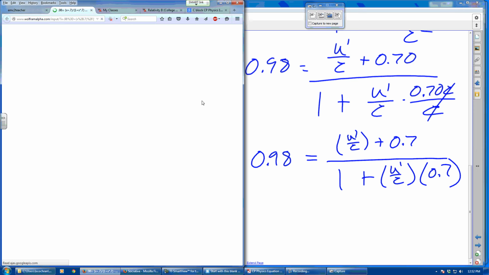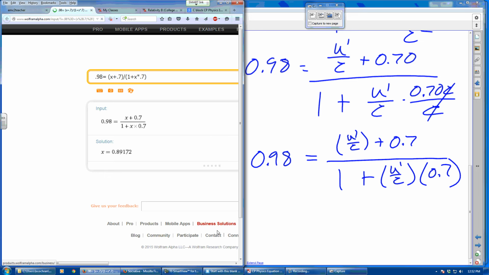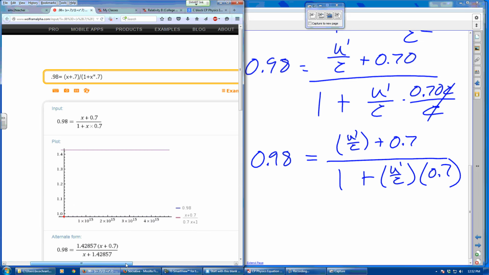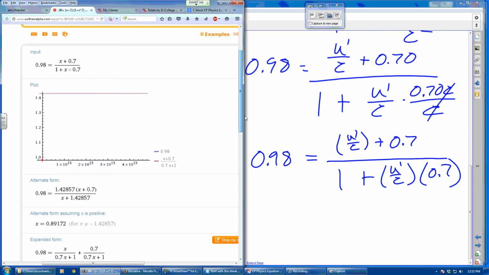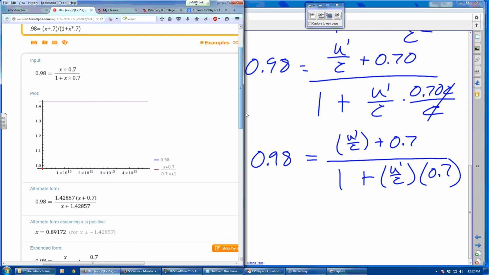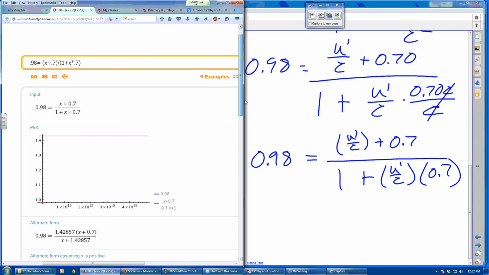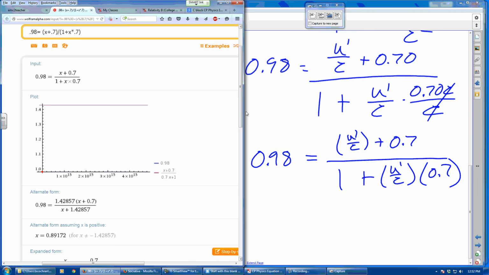It'll come up again. I did the dividing. And that's going to give me an answer for U over C, which in my case is 0.892, excuse me.